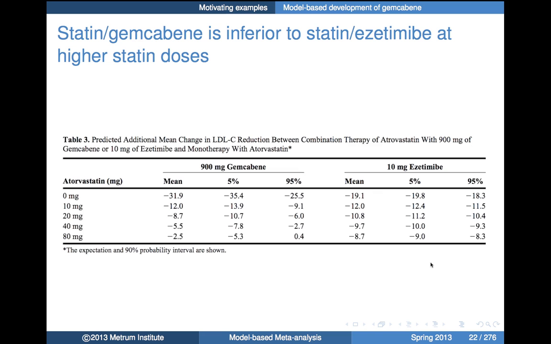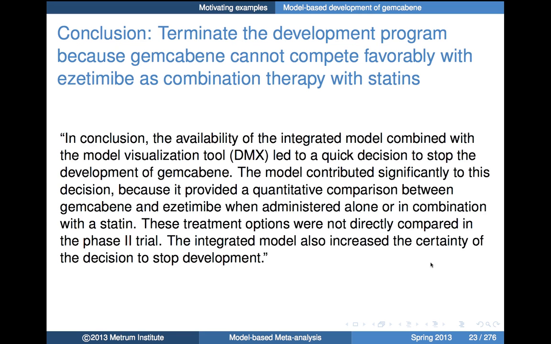I'll skip this table, it's pretty much redundant with the picture we just saw. But the net result was to conclude that gemcabene performed unfavorably relative to ezetimibe, and the result was a decision to terminate the development program because it couldn't compete favorably with ezetimibe as combination therapy with statins.